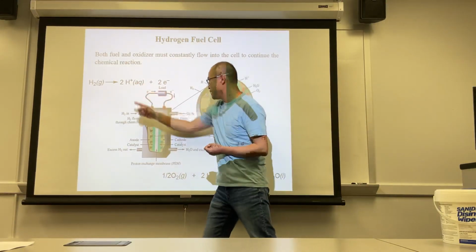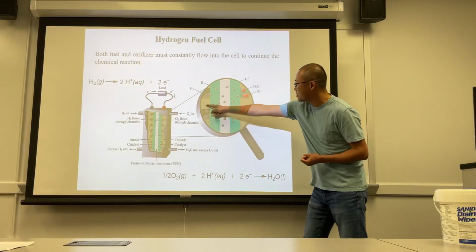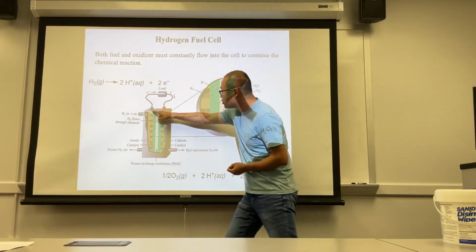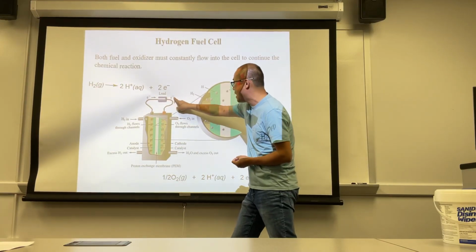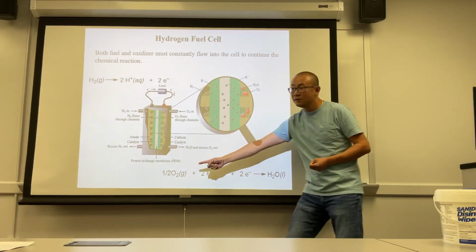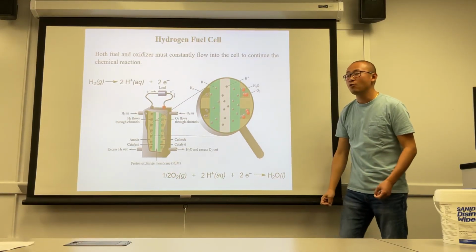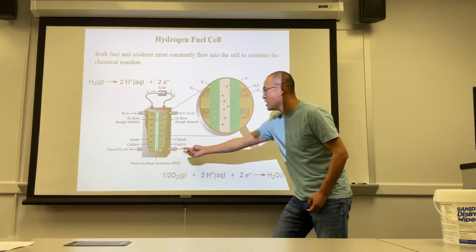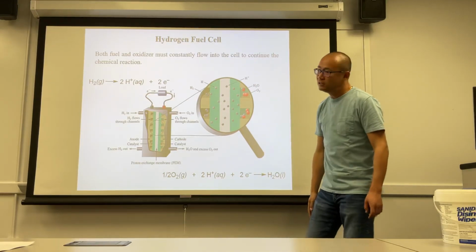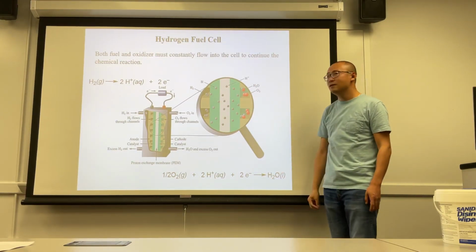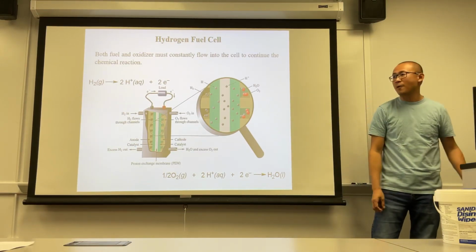Hydrogen loses the electron to become hydrogen plus. Hydrogen plus diffuses to where? To oxygen. And meanwhile, the electron is transferred from anode to cathode, also going to oxygen. Eventually it gives water. Of course, water will be exhausted outside the cell.